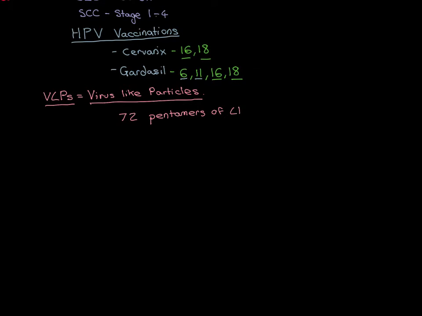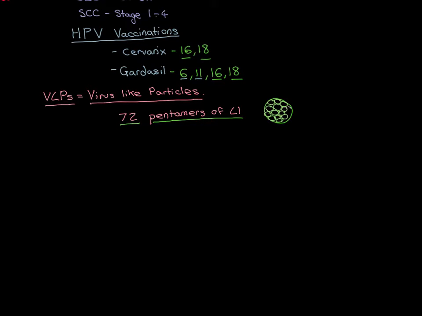And remember, in the real capsid, you would also have the minor capsid protein, L2, 12 of those roughly. In the virus-like particles, we're just going to have the surface of the sphere made up of these 72 pentamers of L1. So I think I'll just draw another picture of this. Let's say this is going to be the virus-like particle, and now I'll show some of these capsomeres. So there's one, there's another one, and remember these are all pentamers of the L1 protein, making up the surface of a sphere.